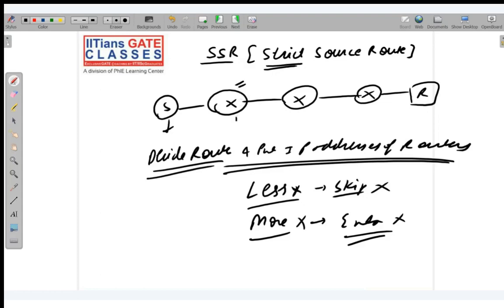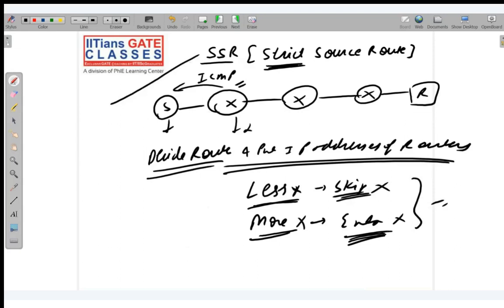If its IP address is not in the list, it will simply drop the packet and send an ICMP error message to the sender. So strict means neither less nor more. Skipping is not allowed, and you cannot visit any extra router. If 5 routers are in the list, you have to visit all 5. You cannot skip any, and you cannot visit any extra router. That is the basic meaning here.